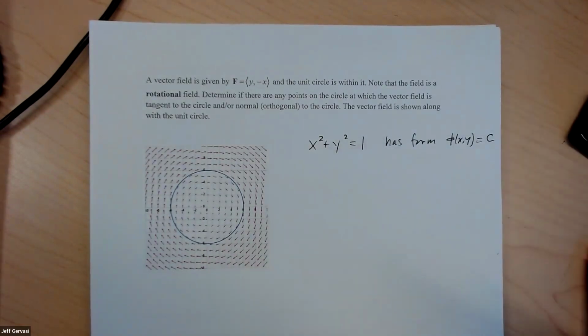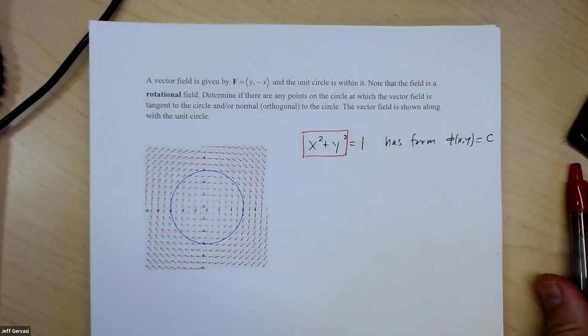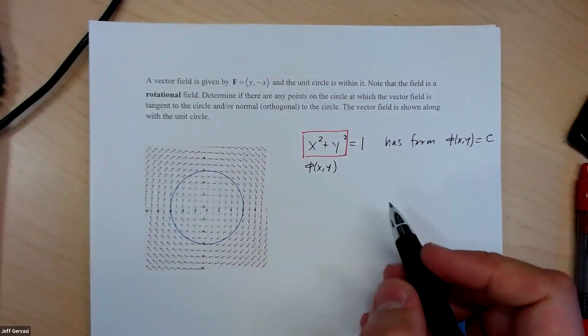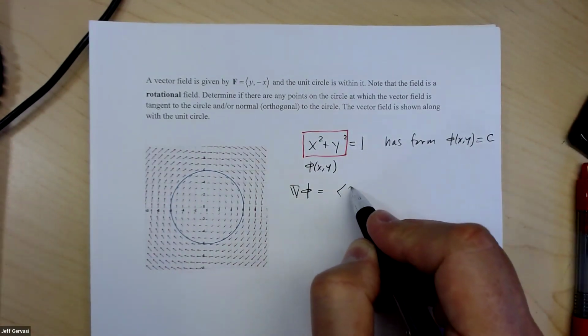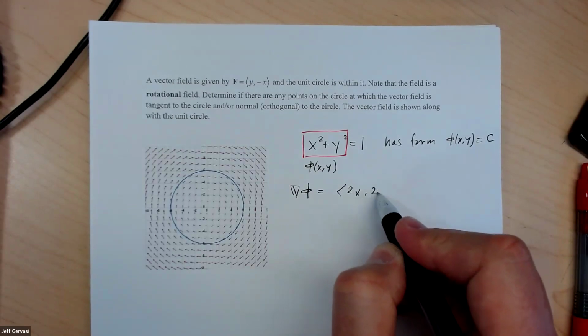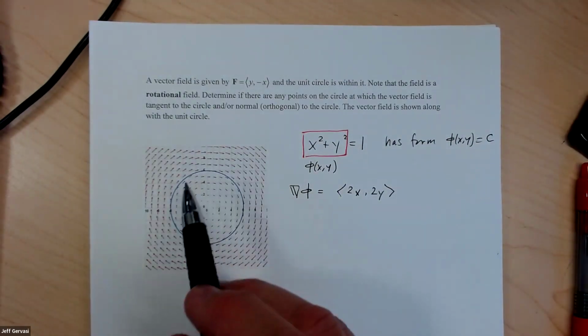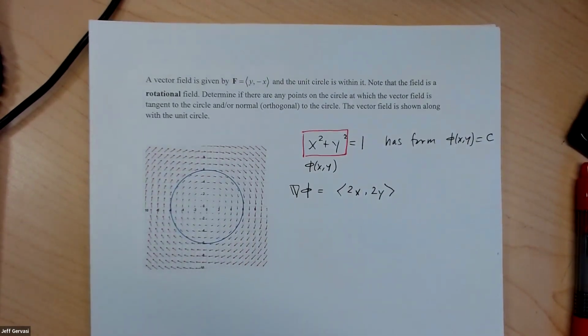So let's do this. Let's call that phi of x and y. Then the gradient of it we know will always be orthogonal to the level curve. In other words, in this case, that blue circle that you see, the unit circle.